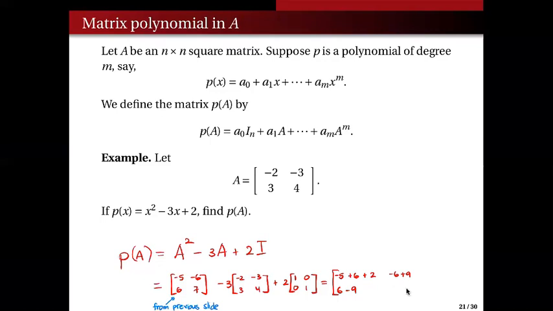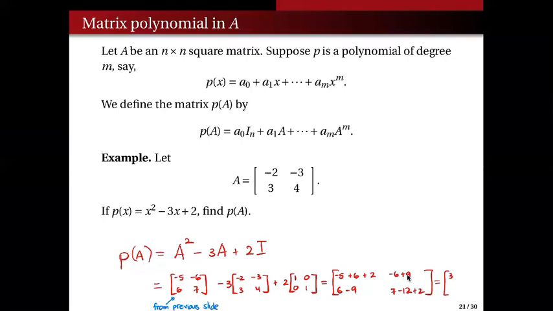And then for the entry here, you have 7 plus negative 3 times 4, that's minus 12, plus 2 times 1, so that's plus 2. If we simplify this, we have negative 5 plus 6, that's positive 1, plus 2, that's 3.